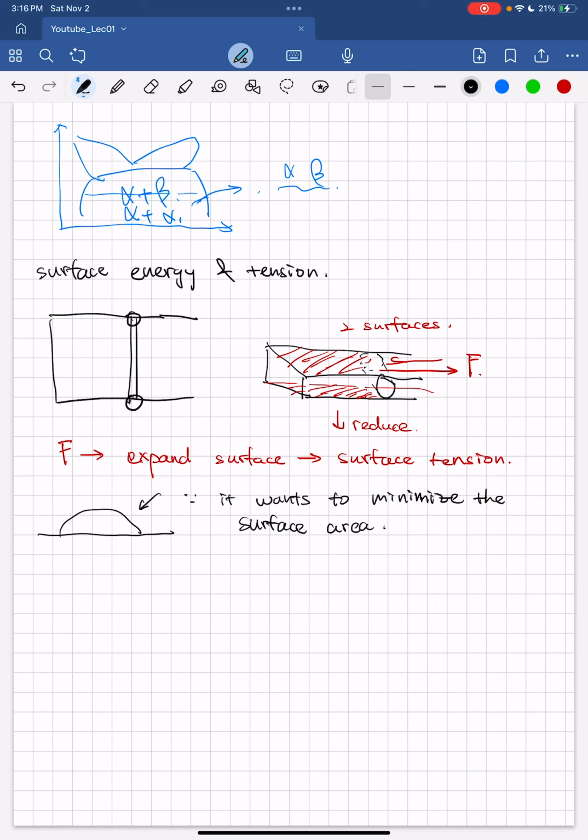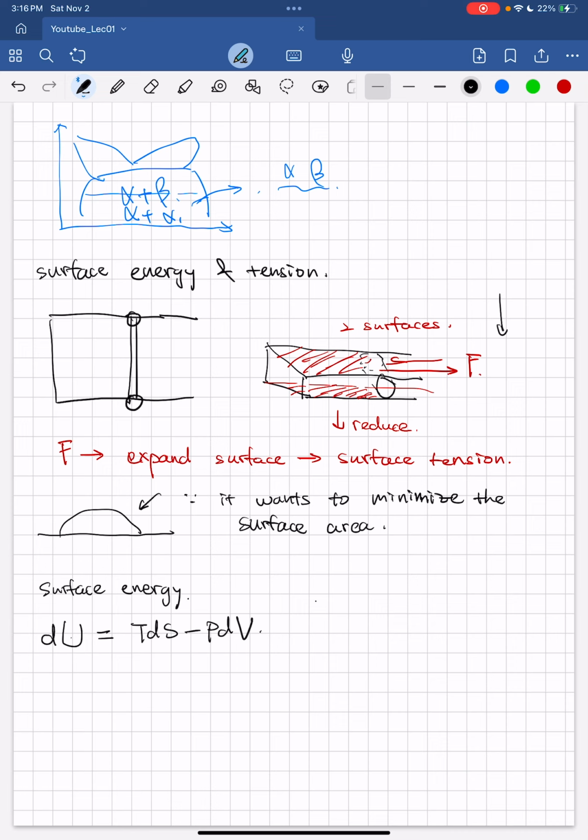Oh, we will first, let's forget about this model for a second. Let's first talk about what is surface energy. So you remember dU equals TdS minus PdV, right?